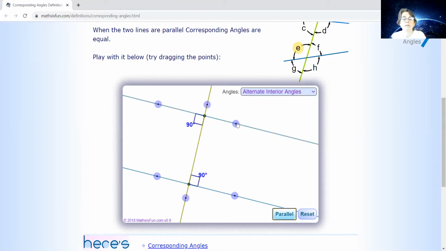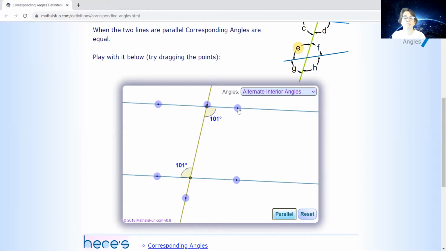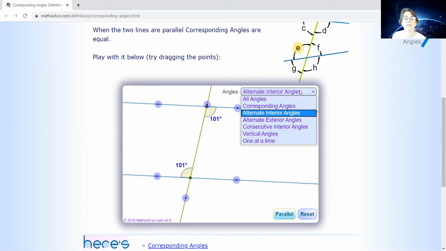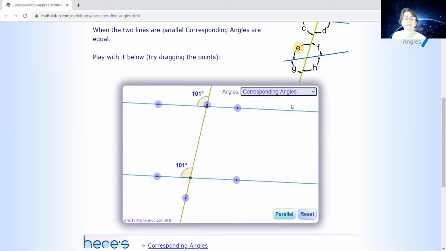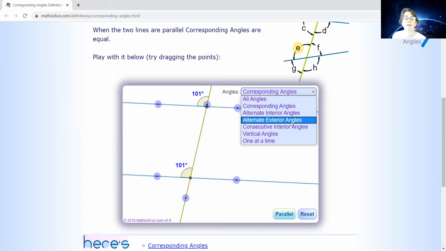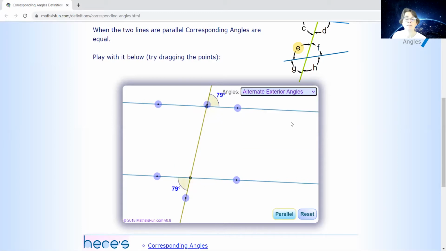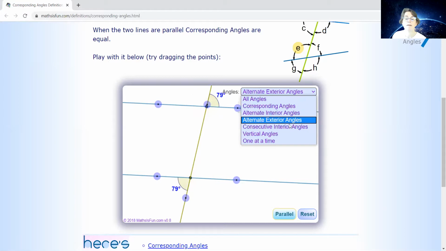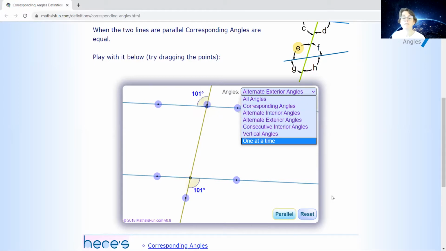Once the 2 lines are parallel, then your alternate interior angles are equal, your corresponding angles are equal, and the alternate exterior angles are equal. And there we go. So I just want to show you that.